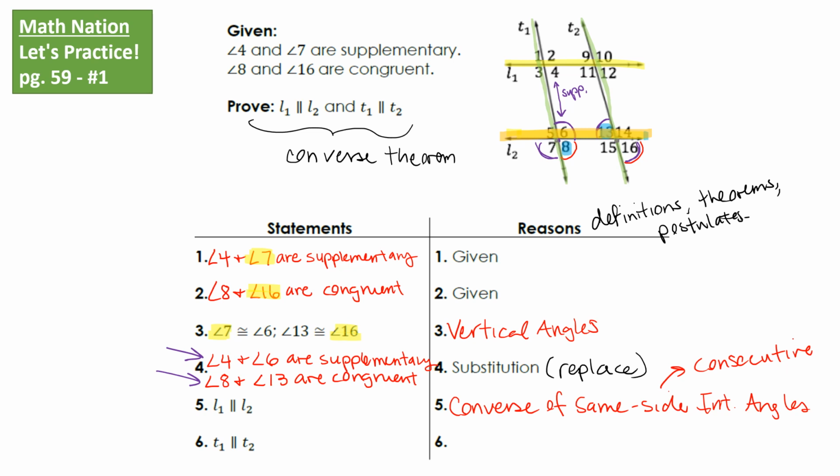So if we go back to what we learned about angle relationships on page 57, we notice that these two types of angles are considered the converse of alternate interior angles. So we have now proven that lines L1 and L2 are parallel to each other, and lines T1 and T2 are parallel to each other by the converse of same side interior angles and alternate interior angles.